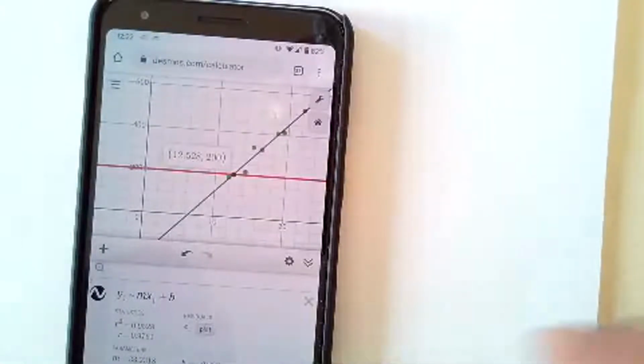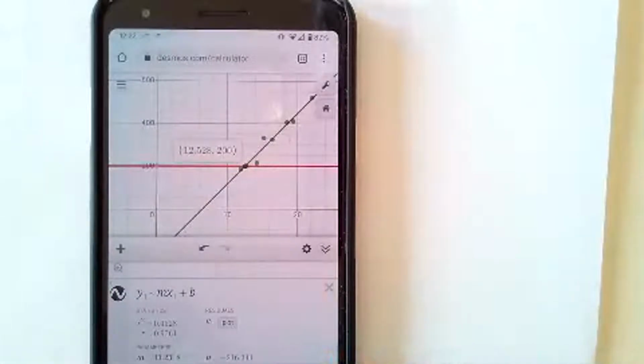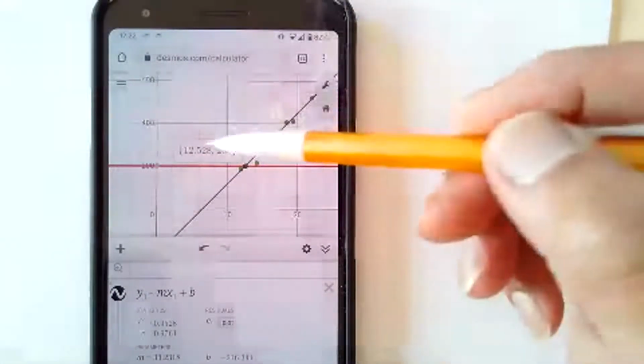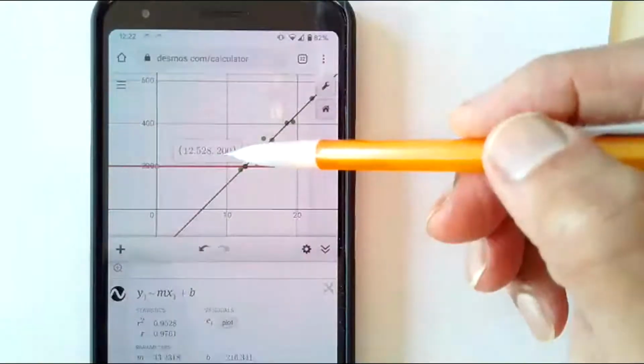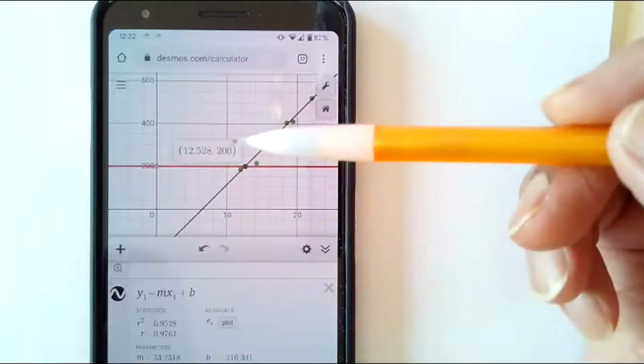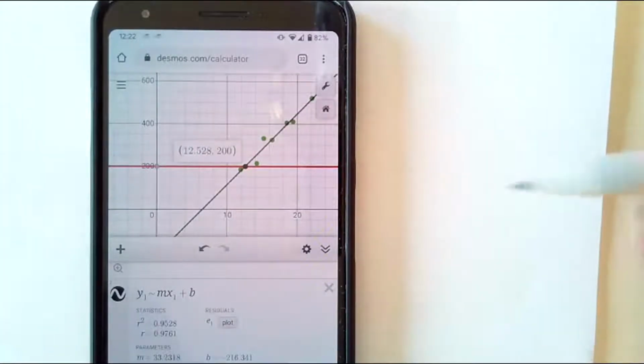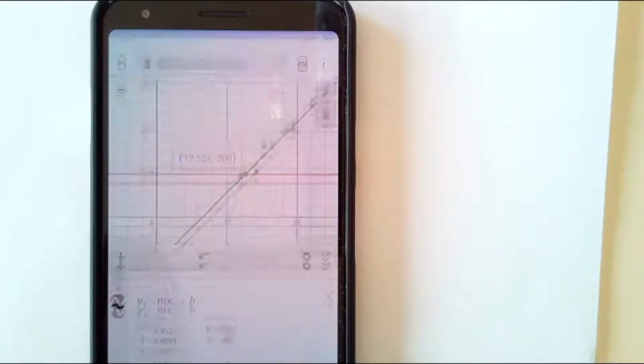It's a bit easier with Desmos because it's a matter of just tapping, and that will give you your intersecting point. So when y is 100, x is 12.52. This is for the previous question.